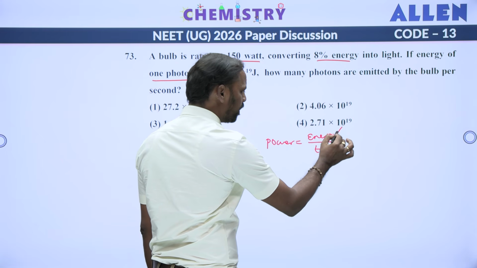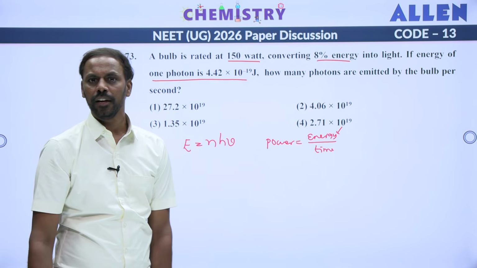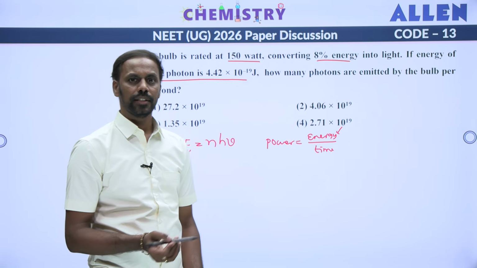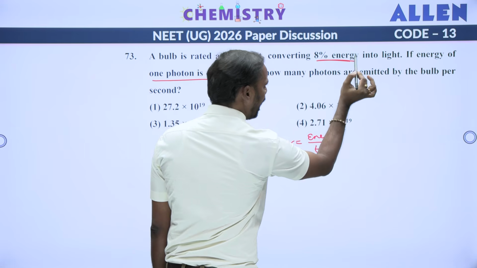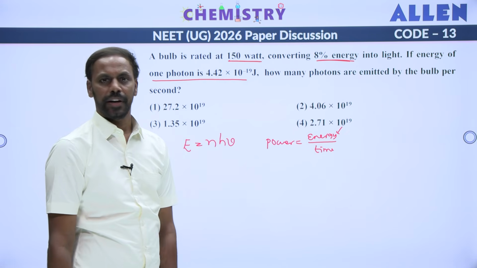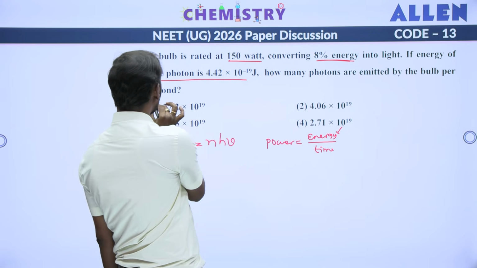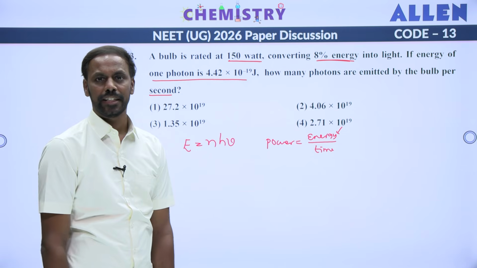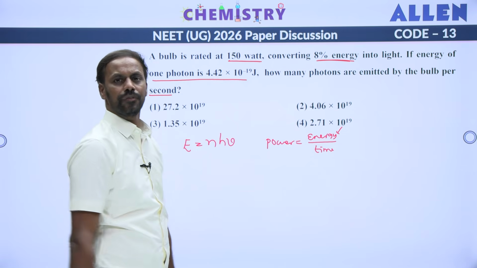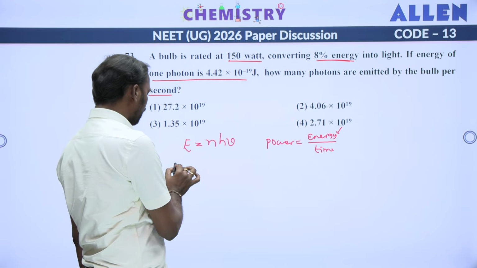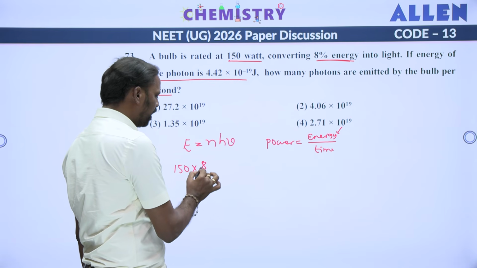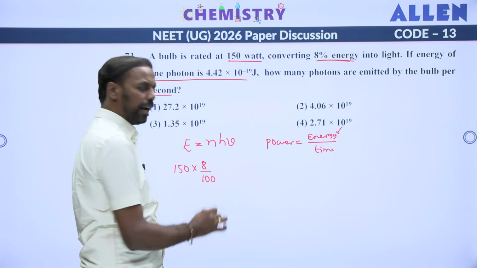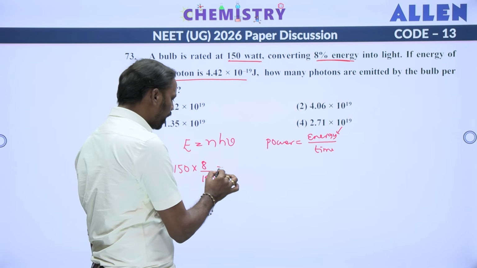Time. So in the place of this energy we can write it as power into time. What is given here? 150 watt converting 8% of energy, and with respect to time they mentioned 1 second. That means in the place of this energy, I am going to write 150 into how much percentage here? 8%. So 8 divided by 100. This is equal to N.